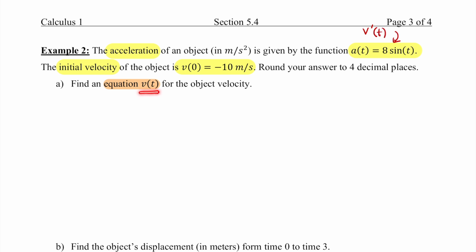To find v of t, I take the integral of v prime of t. And v prime of t is a of t, and a of t is 8 times sine of t.